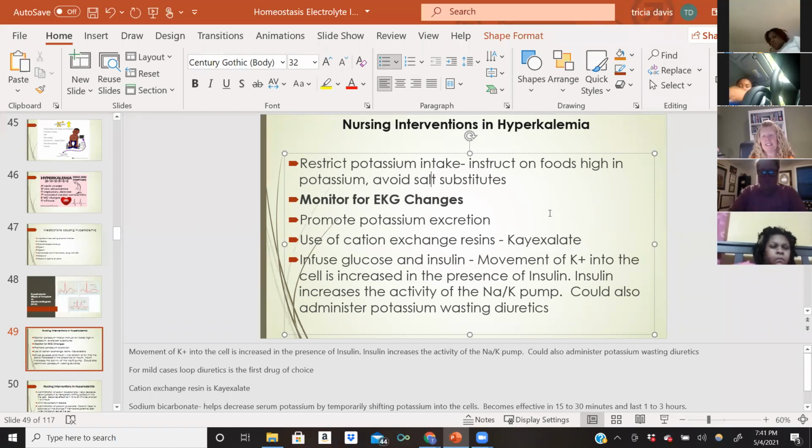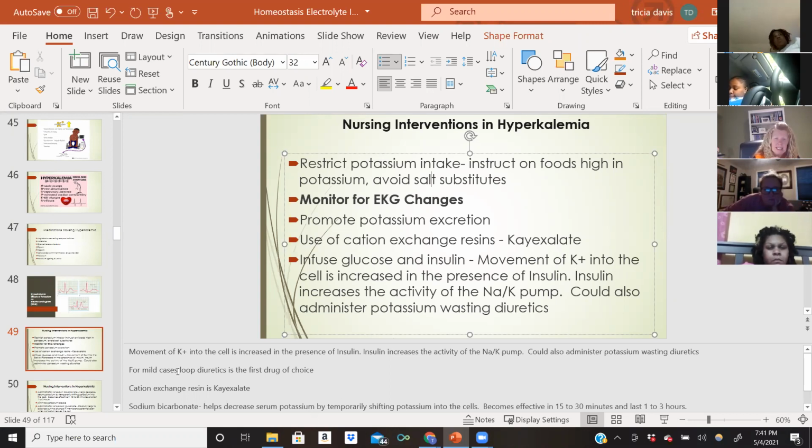So insulin increases the activity of that potassium sodium pump, and it's going to carry that potassium into the cell with the insulin. And then you could also administer potassium wasting diuretics, but then you have to watch all the electrolytes to make sure that you're not causing other levels to decrease as well.